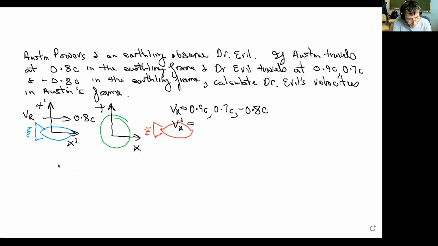Okay, so now we can go ahead with the calculation of the velocities that Austin Powers sees Dr. Evil traveling at, based on the velocities that the Earthling sees Dr. Evil traveling at. For this, we're going to use the Lorentz velocity transformation that works for high speeds, speeds that are on the scale of the speed of light.